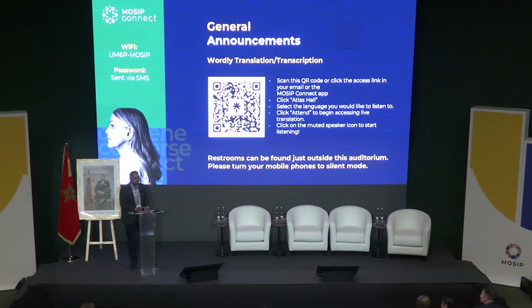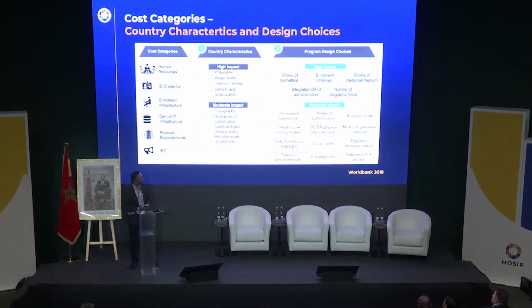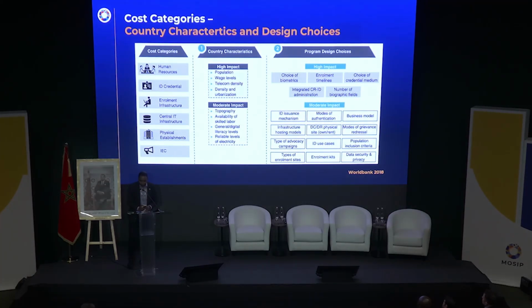Okay, so when you want to really optimize the cost of an ID system, you should know where you are spending your money and what you are doing with your money, right? So this is a 2018 slide from the World Bank. I don't know how many of you have seen this. Pretty old one, but I would say it's still relevant for our conversation, right?